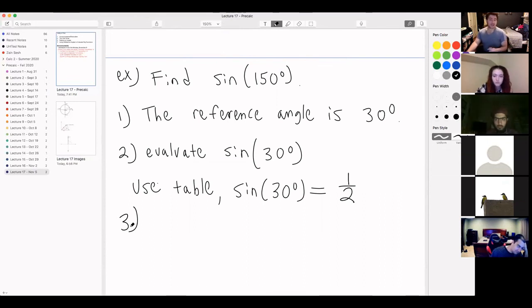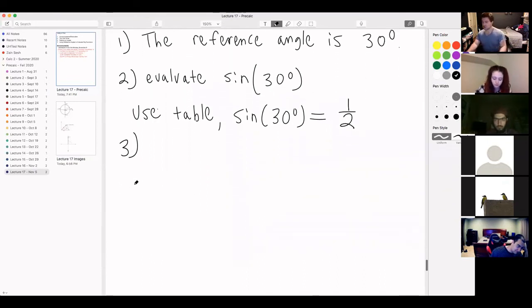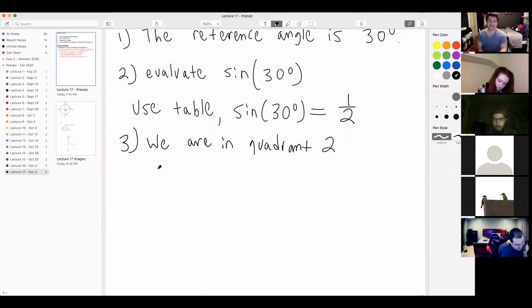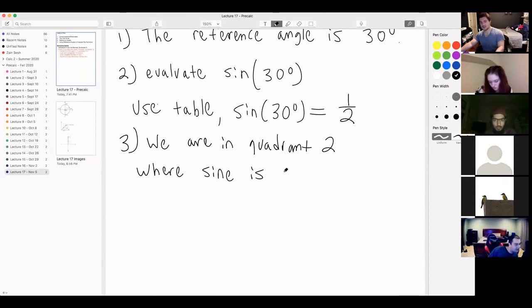Good. Now we need to make note of which quadrant we are in. So it's the same as before. We are in quadrant 2. And as stated earlier, the sine function is positive in quadrant 2.